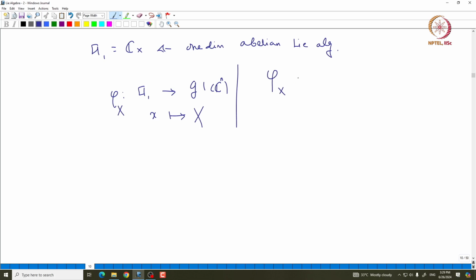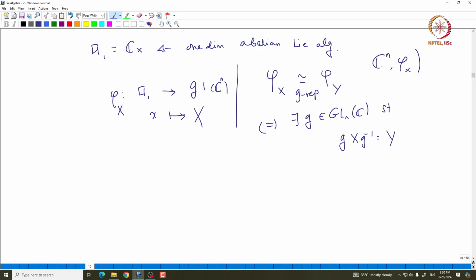Then phi x is isomorphic to phi y if and only if there exists g in GLn of C such that g X g inverse becomes capital Y. As representations, phi x and phi y are isomorphic, so these two modules, Cn with phi x and Cn with phi y, are isomorphic if and only if this happens.